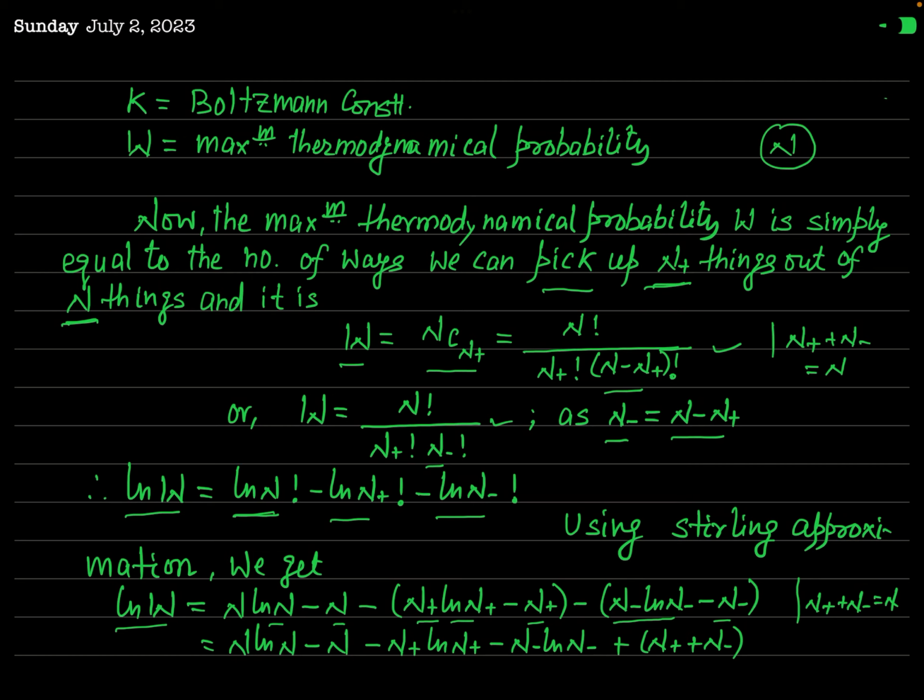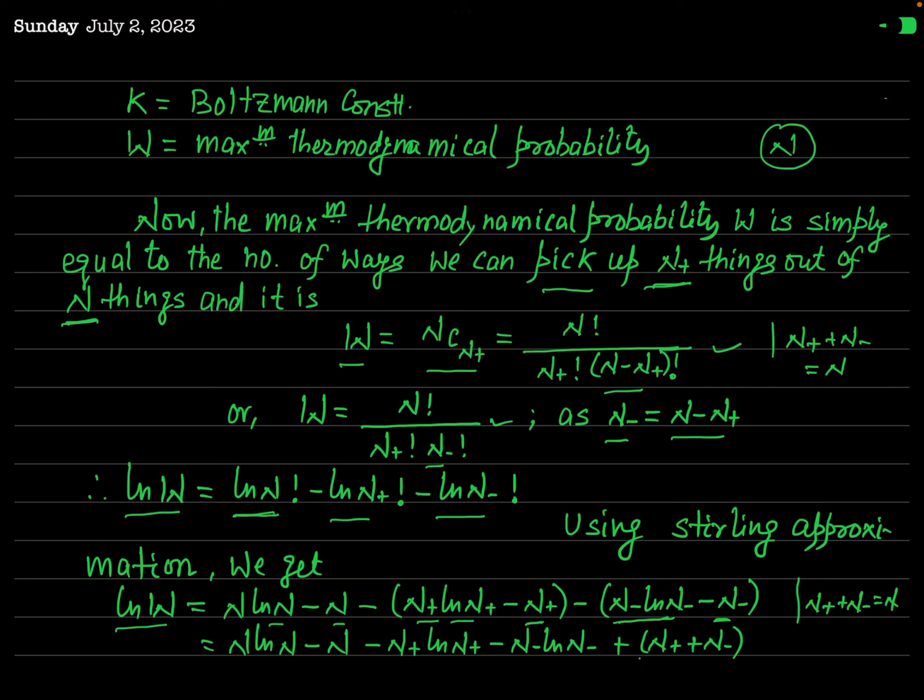Now, we will simplify this result to some extent. So n ln n minus n has been written as it is, and now when you remove this bracket, the signs will be changed, and this will be n plus ln n plus, and here n minus ln n minus, with a minus sign, and this n plus and n minus will become plus due to the minus sign outside of the bracket.